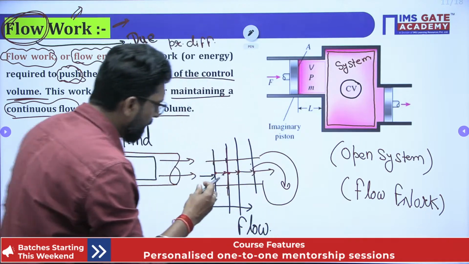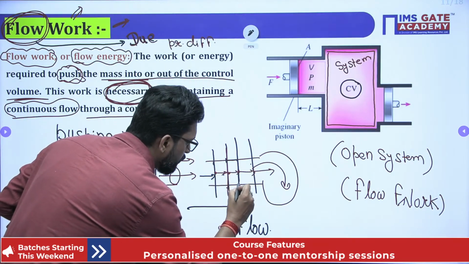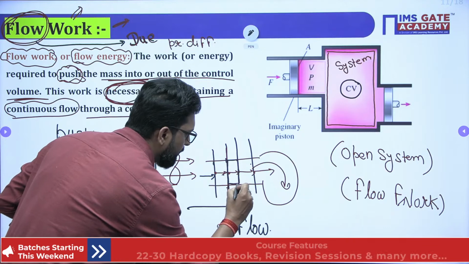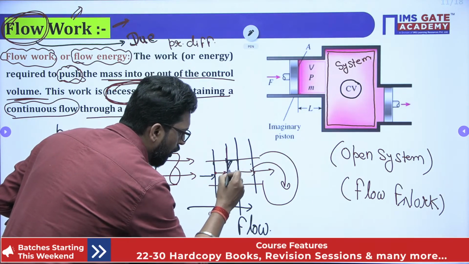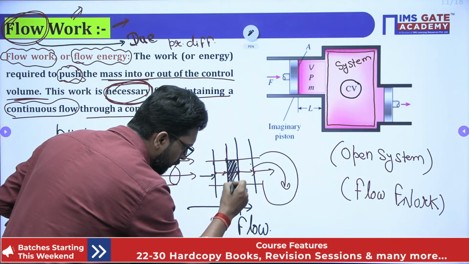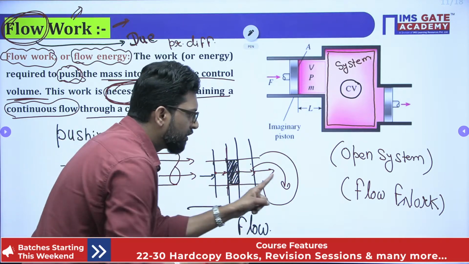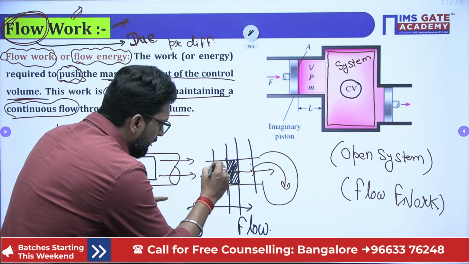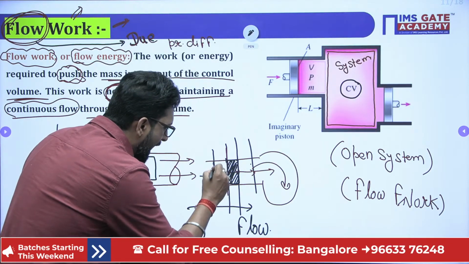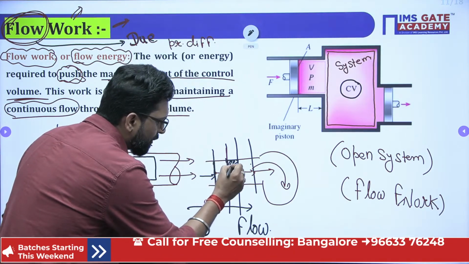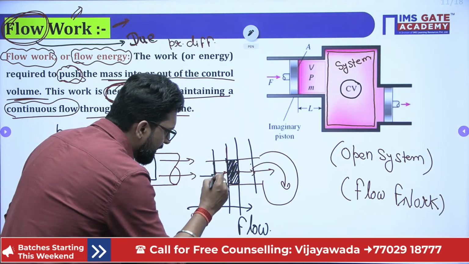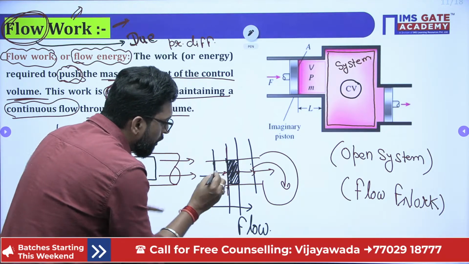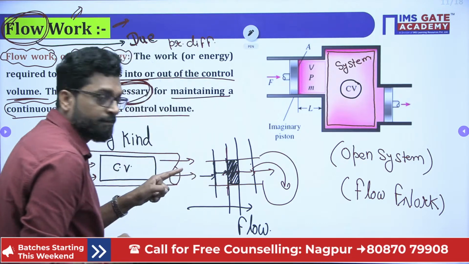How to imagine this piston? See, if we want to push this fluid element into this control volume, immediately behind this fluid element there must be a fluid column which is trying to push.